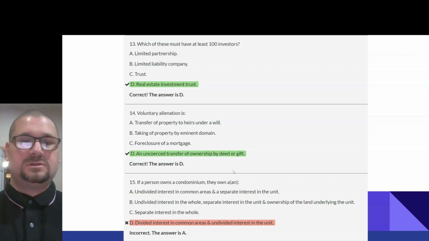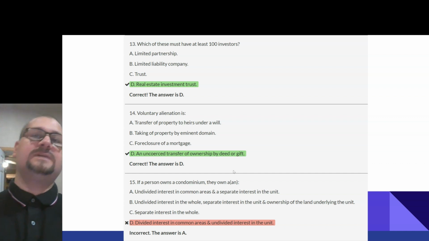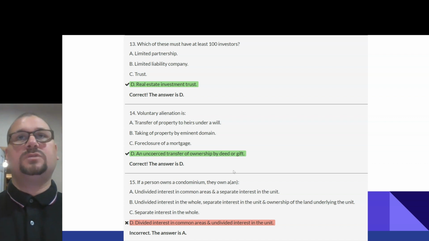No. So if you own a condominium, you own undivided interest in a common area and a separate interest in the unit, right? It's two different things. When you're owning a condominium, it's a little bit different than owning like a single family home.